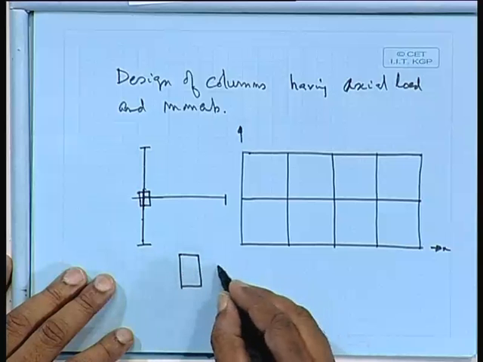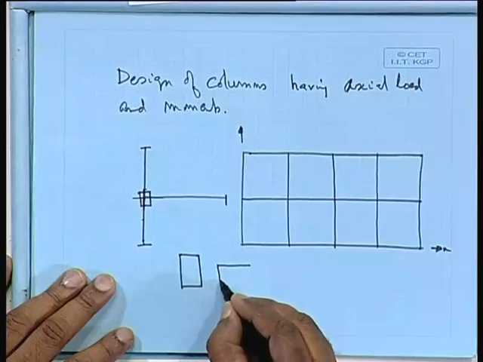So, it will vibrate like this. If the column is square, there is no problem. If the column is circular, there is no orientation problem. But if the column is rectangular, the question is whether we shall provide the column this way or this way.